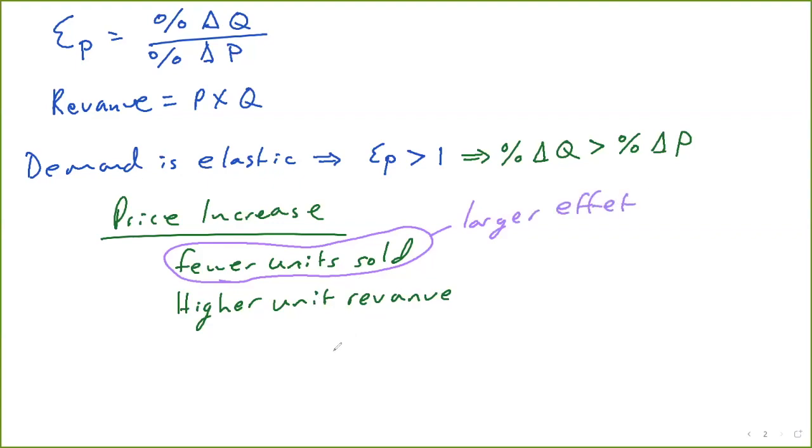So higher per unit revenue is represented by the price increase. So we have a price that increases a little bit, but the change in quantity is larger than the change in price, which means revenue decreases on net.